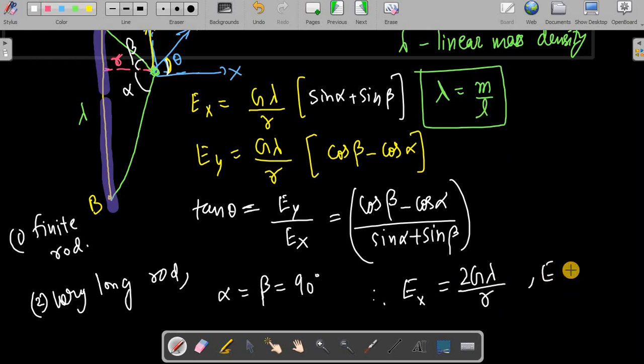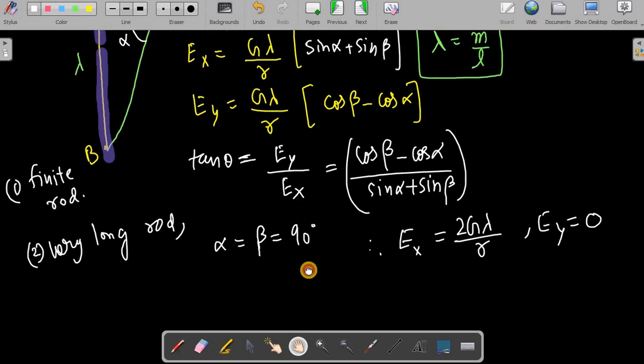And along y-axis it is going to be 0, because cos 90 degrees in both cases will be 0.